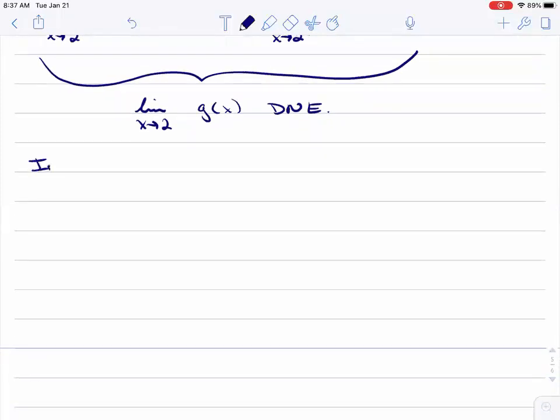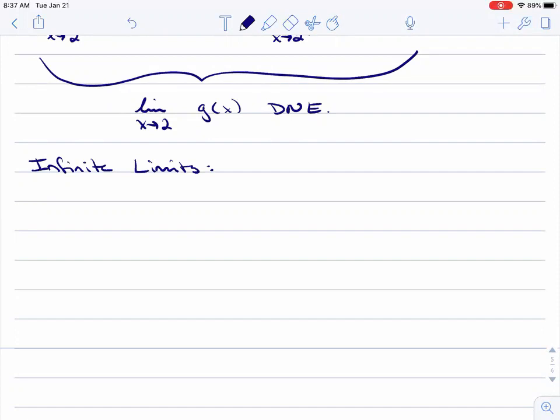Let's talk about infinite limits. Infinite limits are limits that don't exist, but we try to explain how they don't exist.